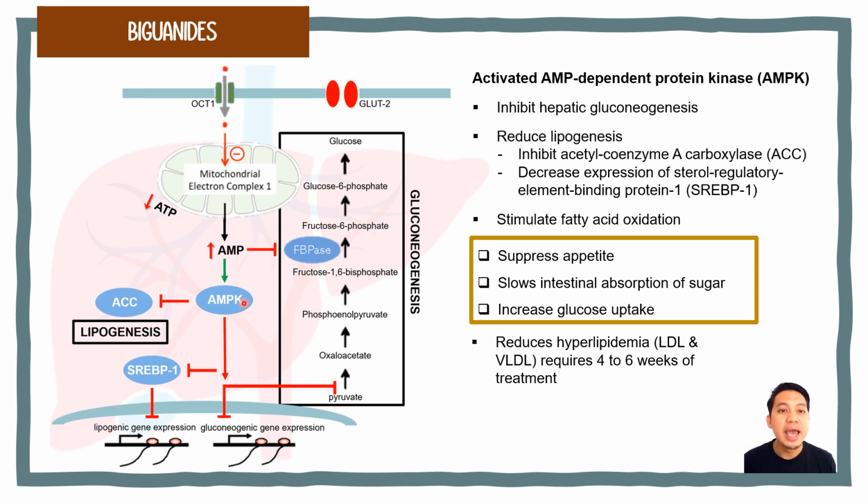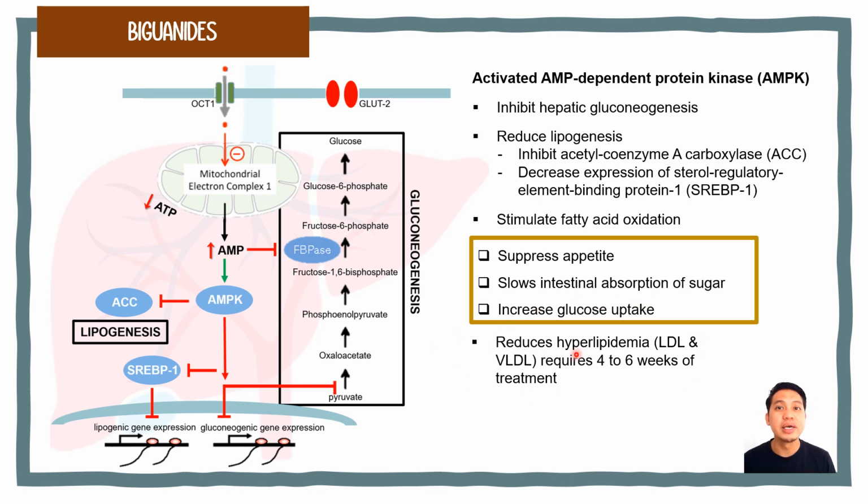In addition, activation of hepatic AMPK will decrease the expression of sterol regulatory element binding protein 1, known as SREBP1. The decrease of SREBP1 expression results in decreased gene expression of lipogenic enzymes, which further will contribute to decreased triglyceride synthesis and hepatic steatosis. This event will reduce the hyperlipidemia.